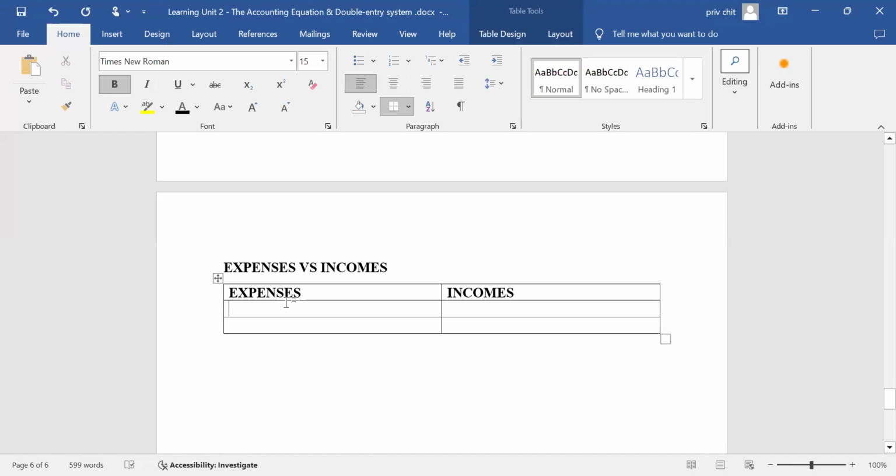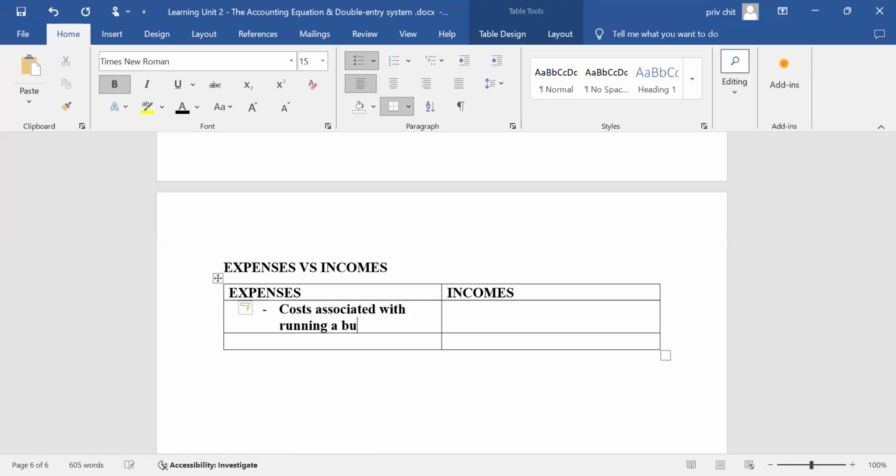So with expenses, here's the issue that I want you to picture. Expenses are costs associated with running a business entity, and examples. What are the examples of costs of running a business, young man?